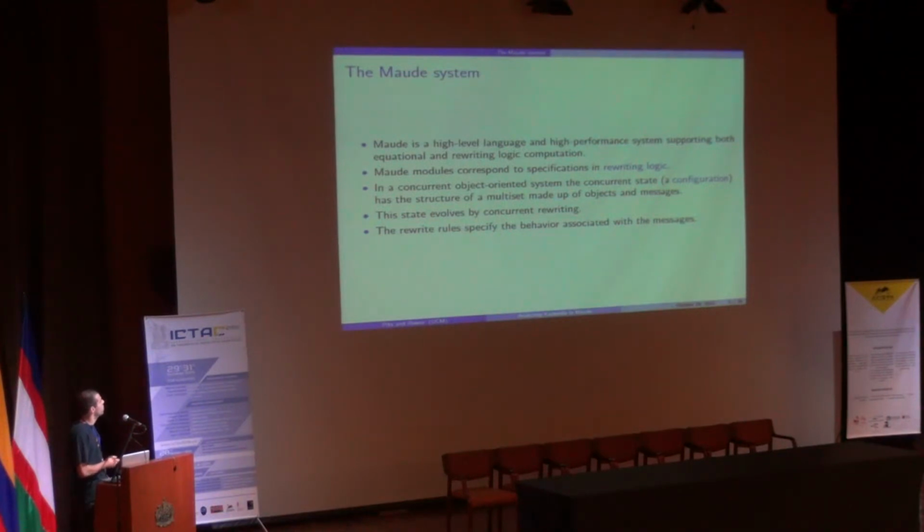In Maude it's usual to represent concurrent systems with multisets, which are called configurations, and are just objects and messages put together. So you can take some subsets here and specify rewrite rules to define how the system evolves.